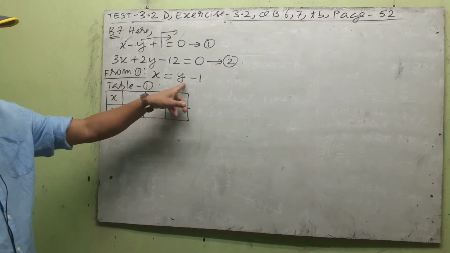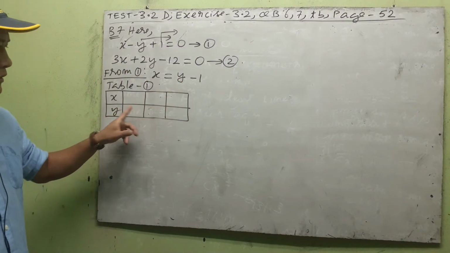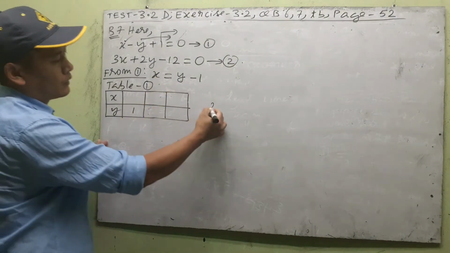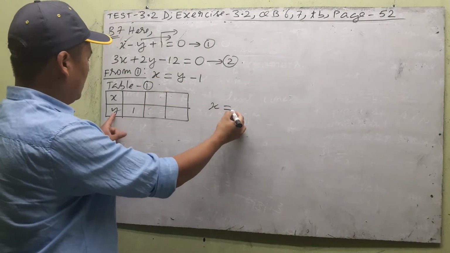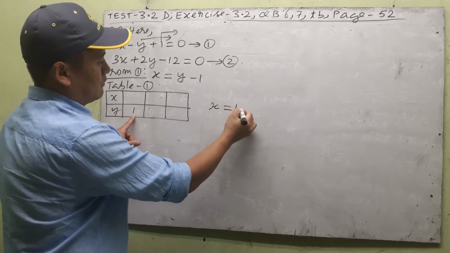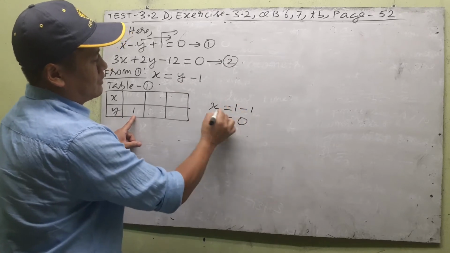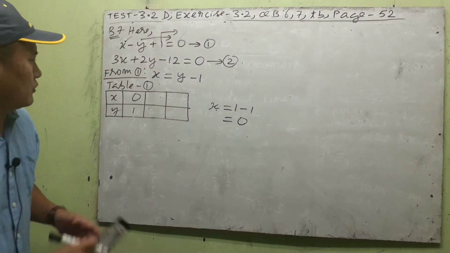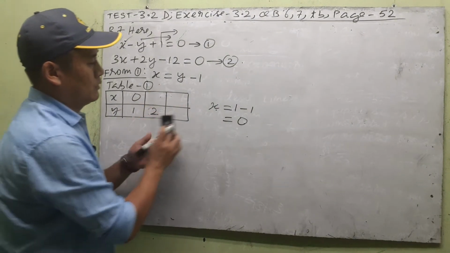Now the right side y is there, so it's easier to put y first. So if I put y equal to 1, then x will become 0, so I put here 0. Next let us put y equal to 2.